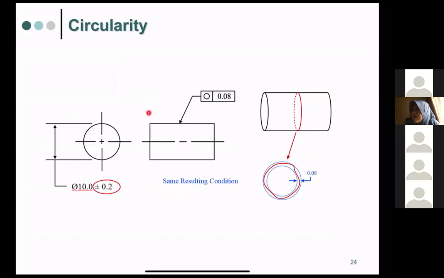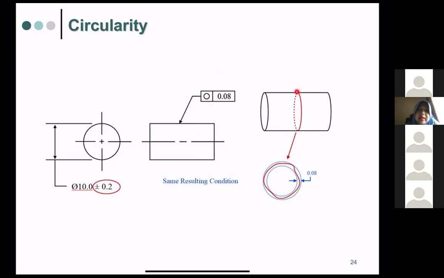For example, we have again the rod, and this is the center point with the diameter of 10 plus 0.2, with the same resulting condition, and then we allow the tolerance for circularity to be 0.08.